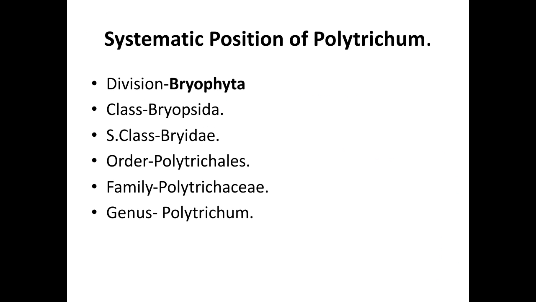Rhizoids are rope-like, and they are generally multicellular, having oblique septa. Capsule is angular, and due to this character Polytrichum is identified from other genera. And that's all.